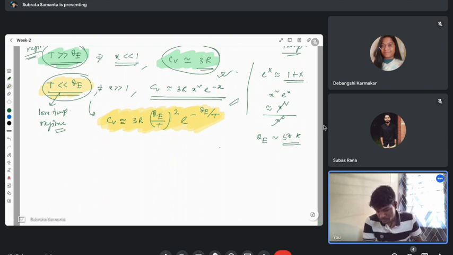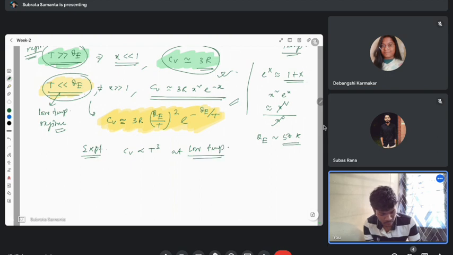Okay, so then the new theory. Another thing: here we can claim that as T goes to 0, Cv goes to 0 roughly, but experimentally, more specifically, we observe that Cv is proportional to T cubed at low temperatures.